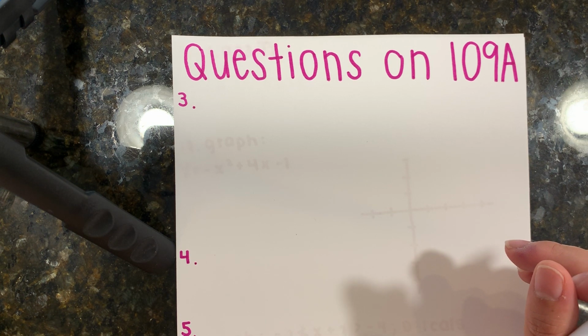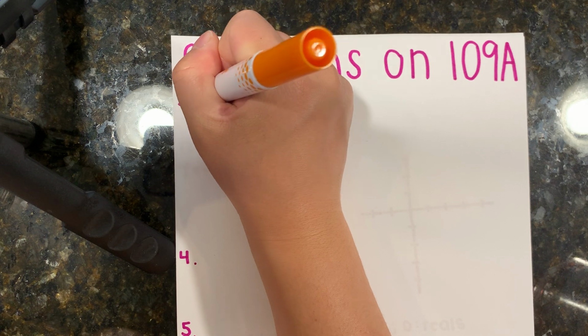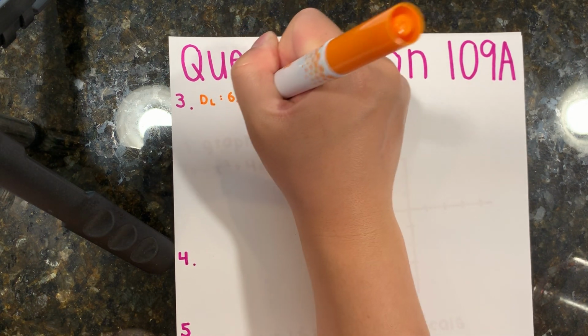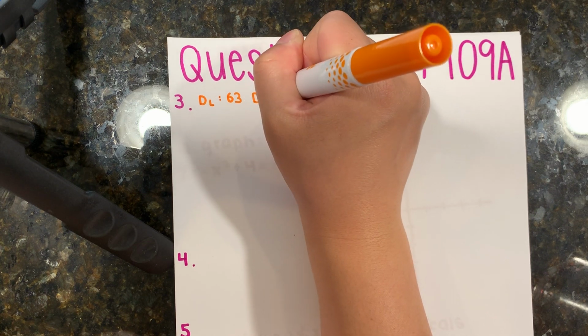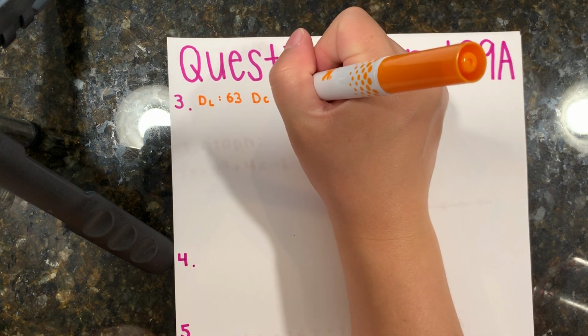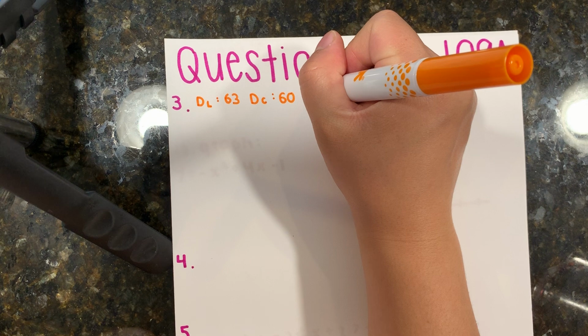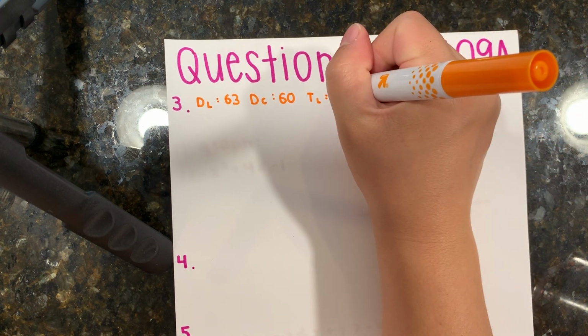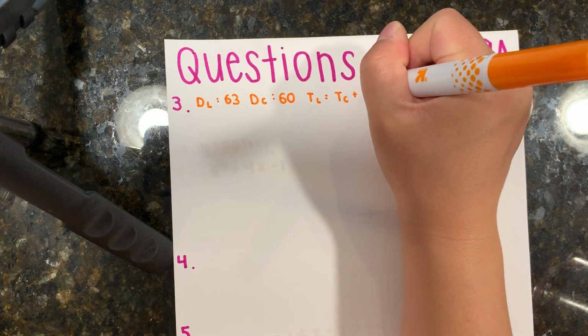So the distance of Lucretius is equal to 63, and the distance of Cassius is equal to 60. The time of Lucretius is 11 more hours than the time of Cassius.